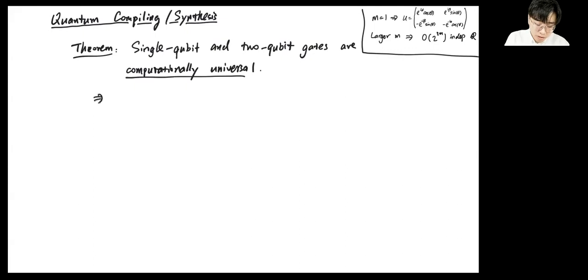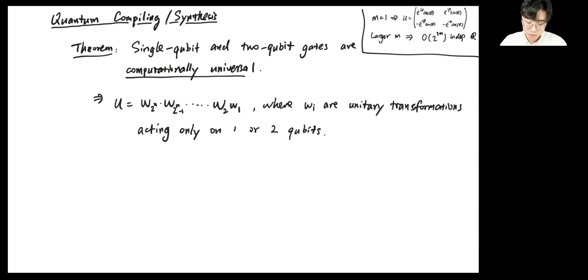It means the following. An arbitrary transformation U can be decomposed into a product of multiple transformations, where each step is a unitary transformation that acts on only 1 or 2 qubits at a time, and identity on the rest of the qubits.